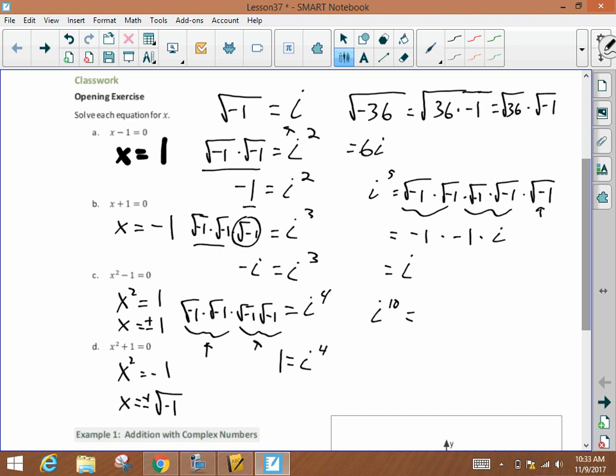Think about it, okay? i to the 6th power will be i squared. The 7th power will be the same as this one. The 8th power will be the same as this one. The 9th power will be the same as this one. So where will we be in the pattern? Negative 1.